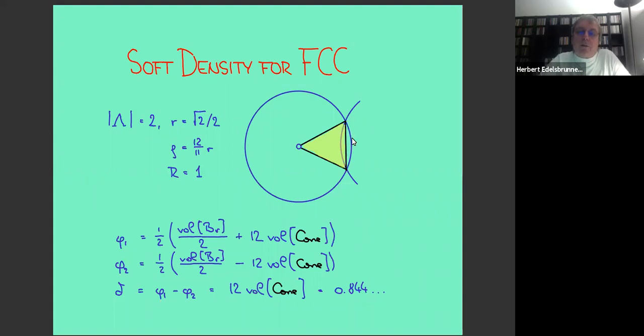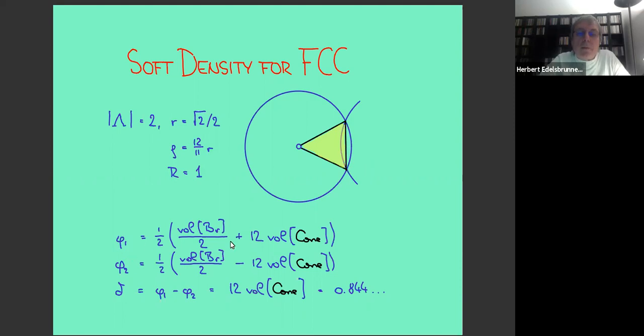I get this 1/24 when the radius of the sphere is 12/11 of the packing radius, by Archimedes' theorem again, because I know exactly how big the area of the cap is. Okay, so now I can compute the soft density.